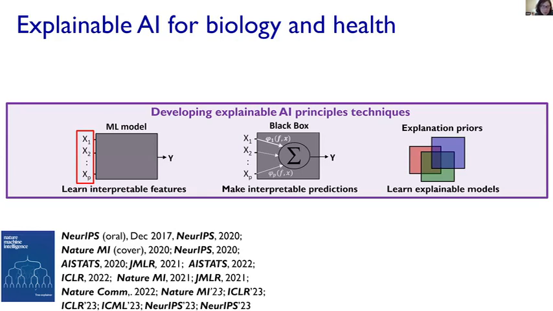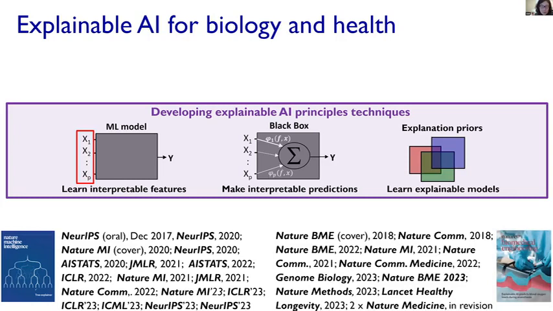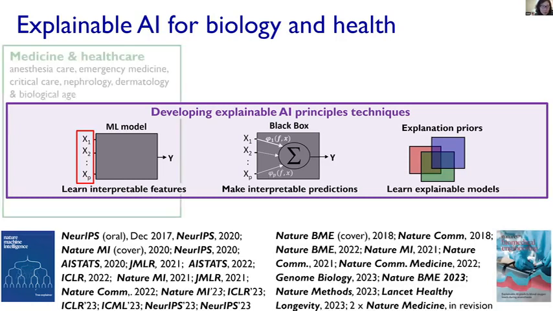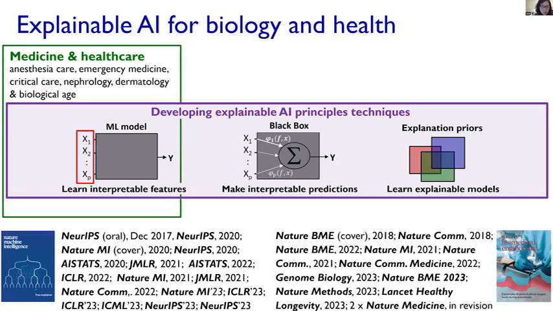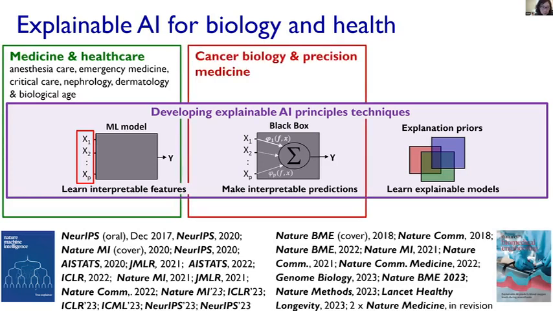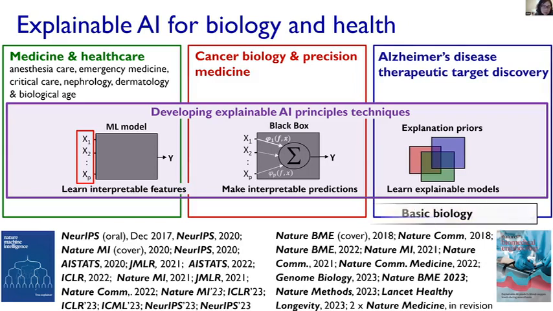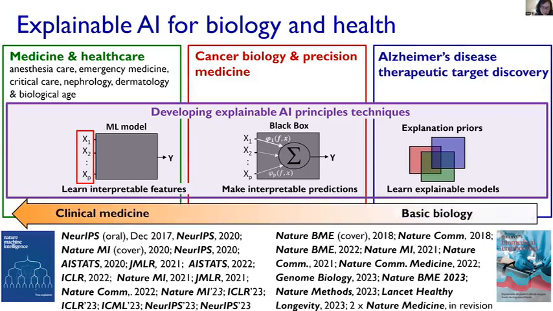Since the SHAP paper, we published many papers in this space, and we are applying them to make meaningful impact in various problems related to medicine and healthcare, cancer biology and precision medicine, and also Alzheimer's disease biology.